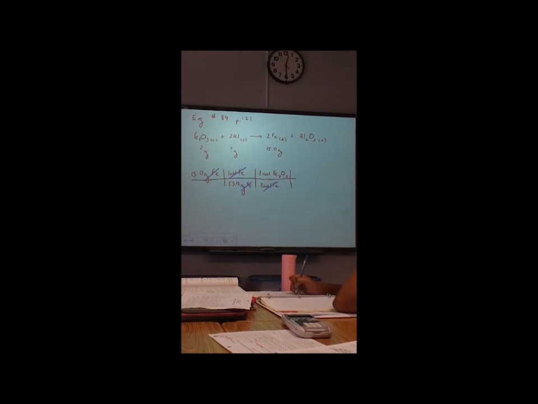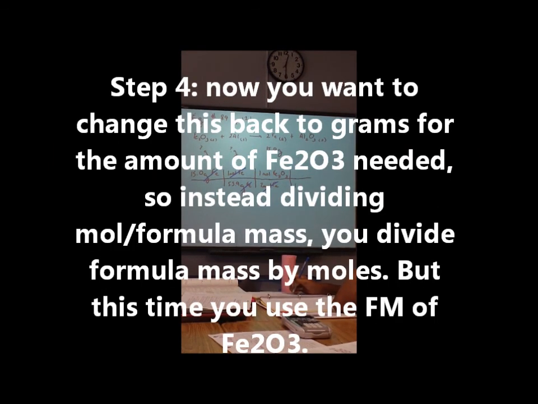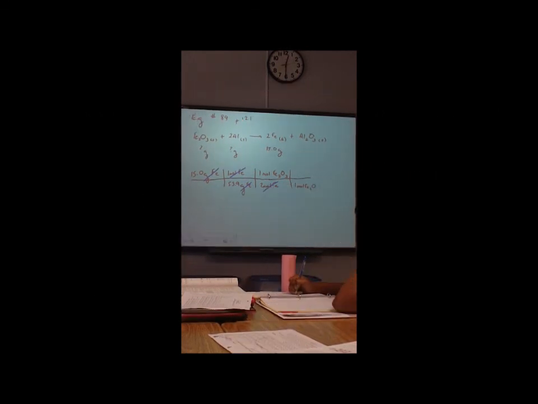But I need one more conversion factor because I need the mass of iron oxide that produced 15 grams of iron. So my last conversion factor, I'm going to have 1 mole of iron oxide, that's Fe2O3, in the denominator, and I need to know now the molar mass of this iron oxide.